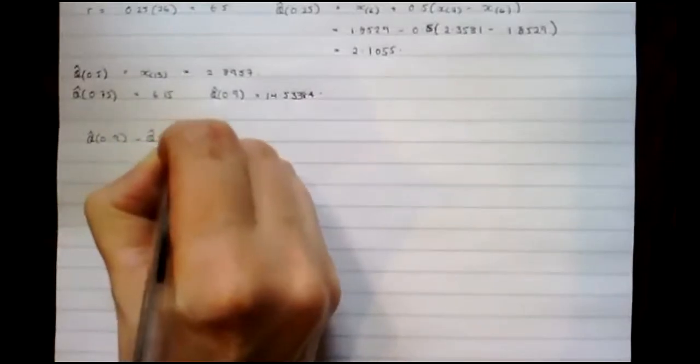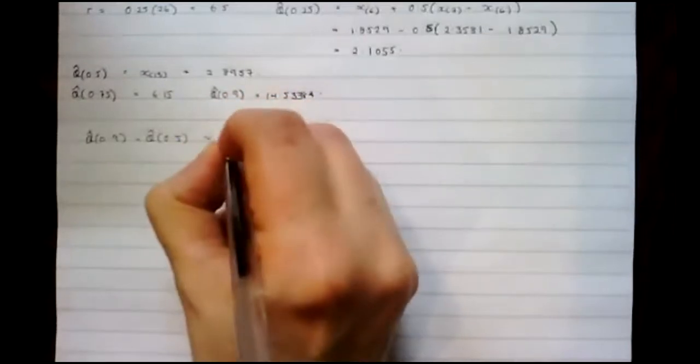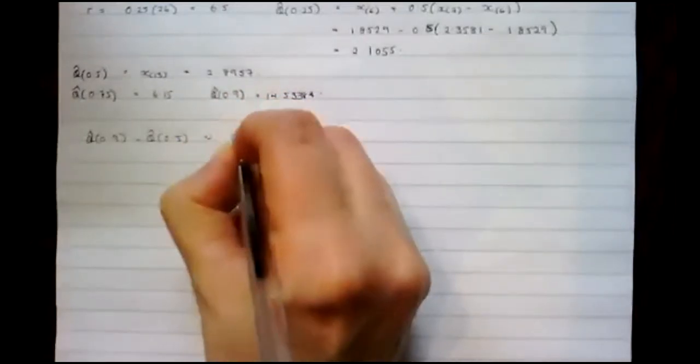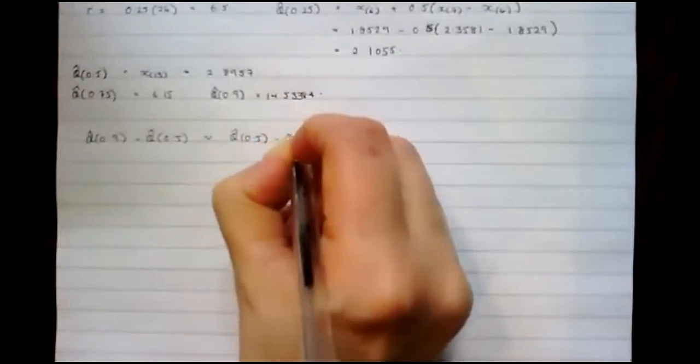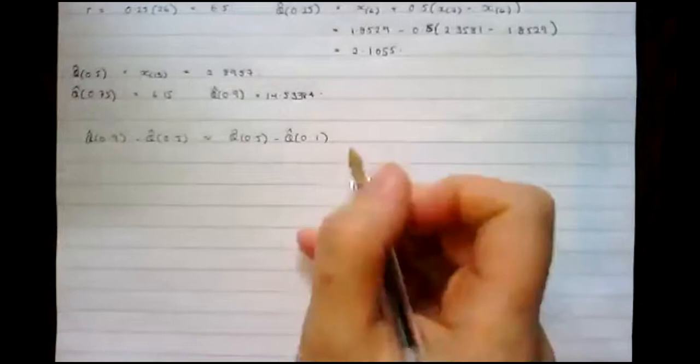For instance, the distance between the 90th percentile and the median should be approximately equal to the distance between the median and the 10th percentile, and the same for the 25th as well.